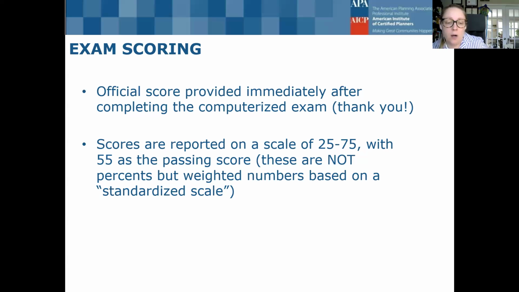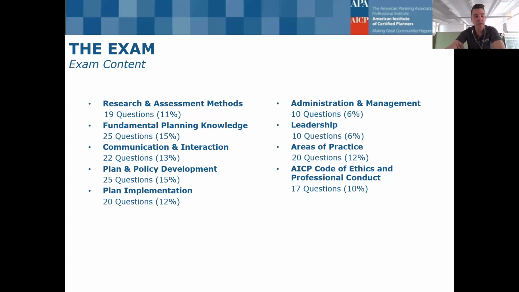Getting a wrong answer on a harder exam won't take off as many points as on an easier exam. So just don't even try to do the math, because it's not a percentage. It's just voodoo. Even some of the questions are weighted differently than others as well.